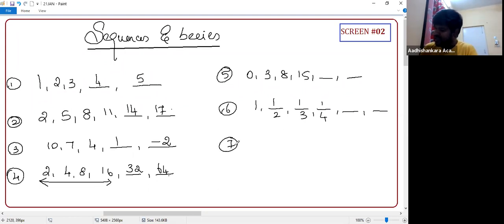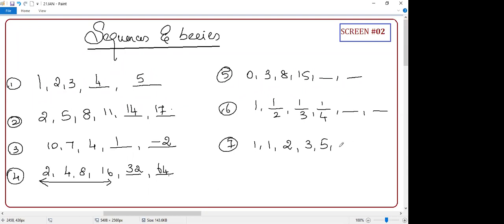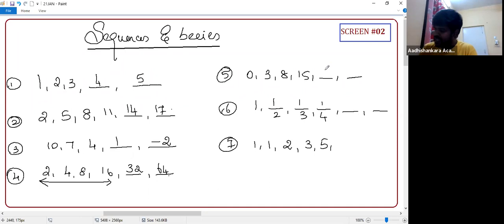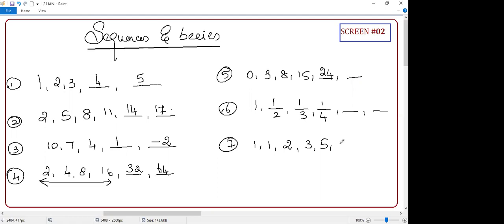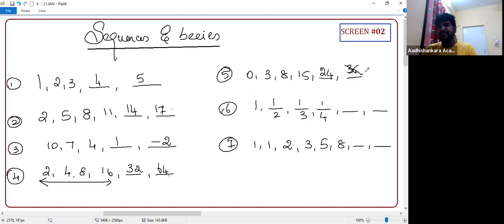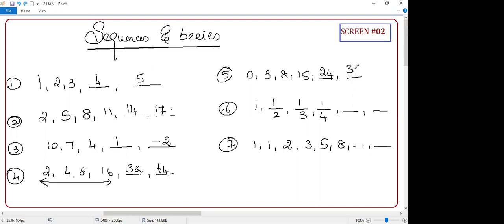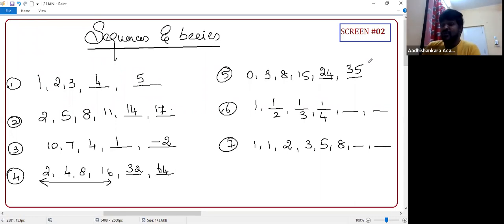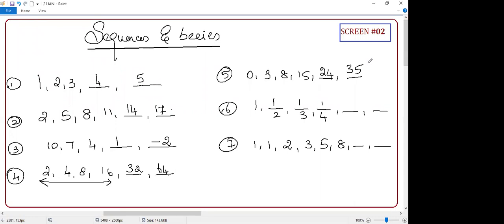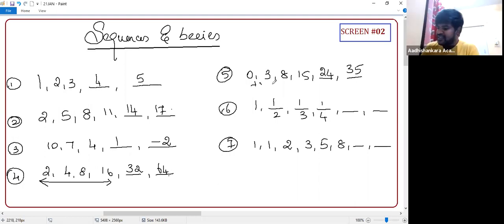I'm just increasing the complexity a little, nothing more. 24, sir. 24 is correct. And 24 plus 10 is 34? No, it's not correct. 35, sir. 35, excellent. What is the rule? You are adding plus 3, plus 5, plus 7, right? That's what you are adding, correct or not? Yeah, sir, it is odd numbers.